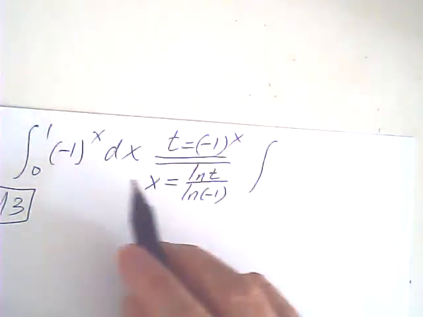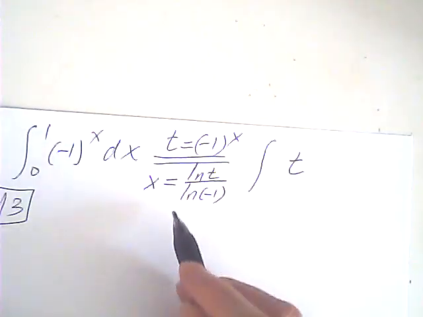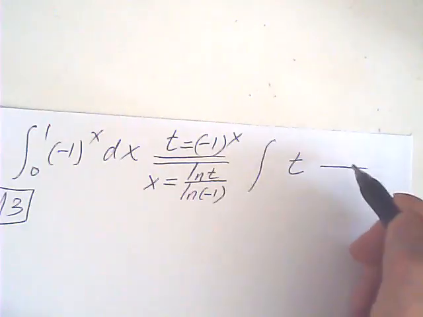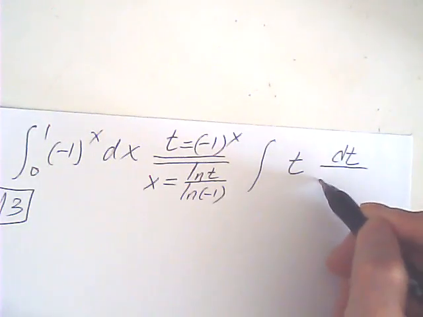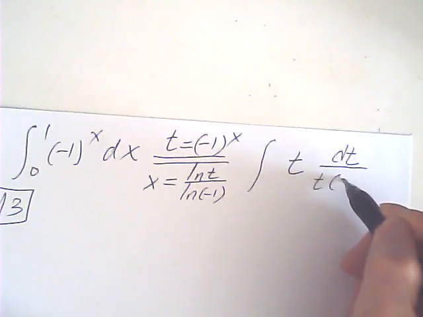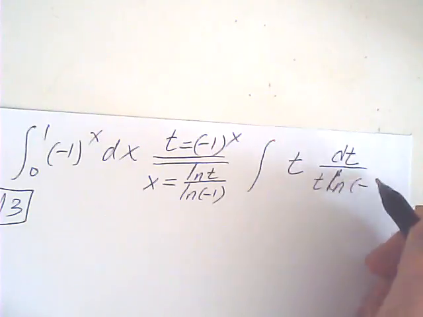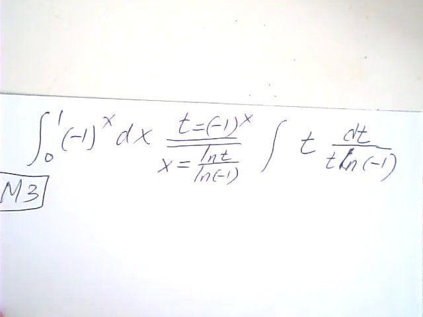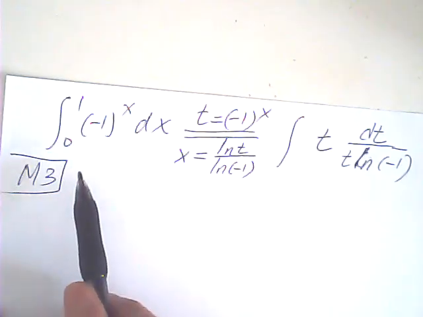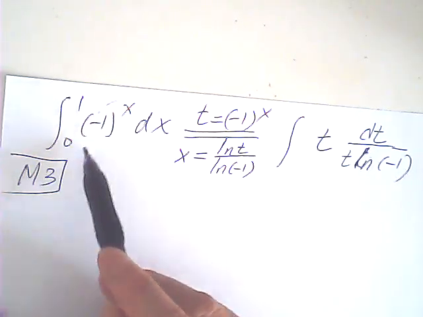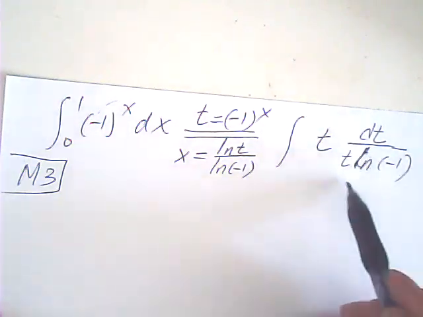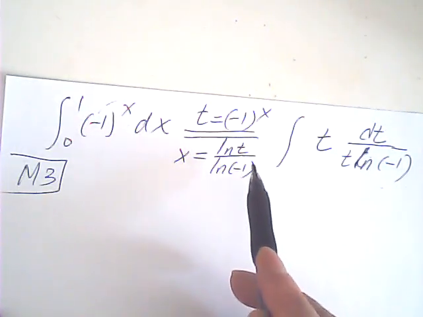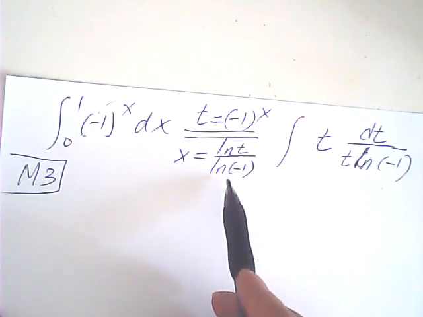Therefore, my integral becomes t. dt is this, d of this, right? Let me check again. This is t, this is dt, this is dx. Sorry, dx is equal to dt over t times log of negative 1.